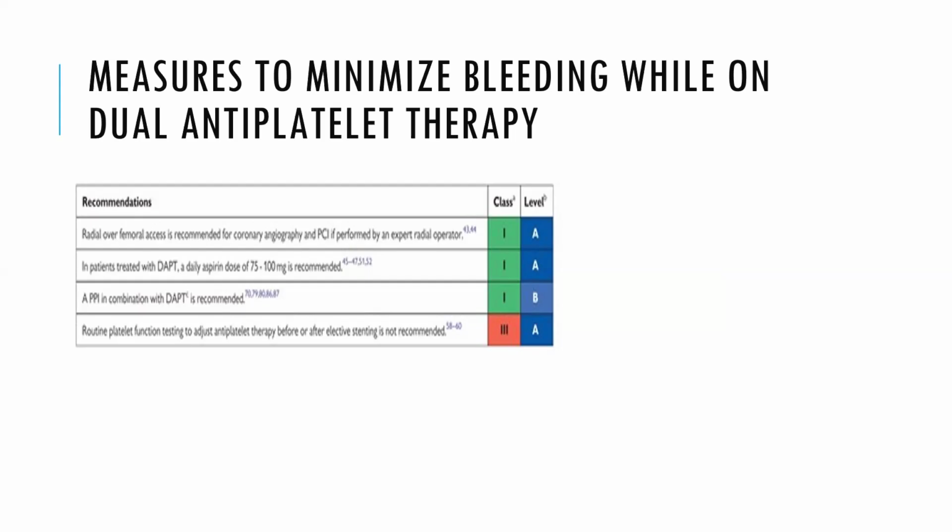That will also help to reduce bleeding. And you can also use a proton pump inhibitor with the dual antiplatelets. That is also a class 1 recommendation. Routine monitoring of platelet function to adjust antiplatelet activity is not recommended.